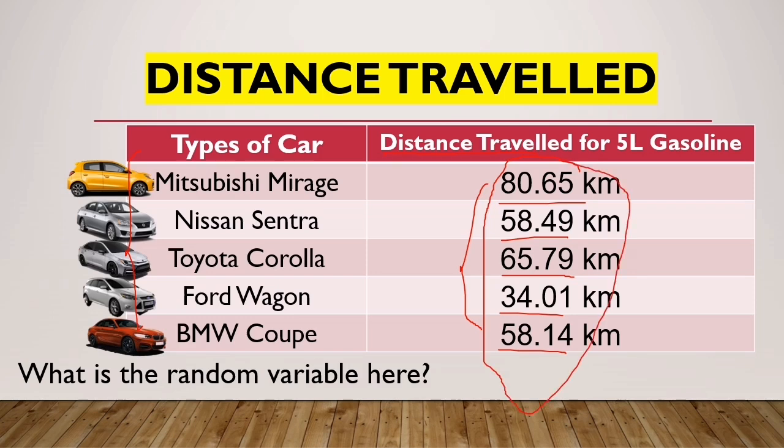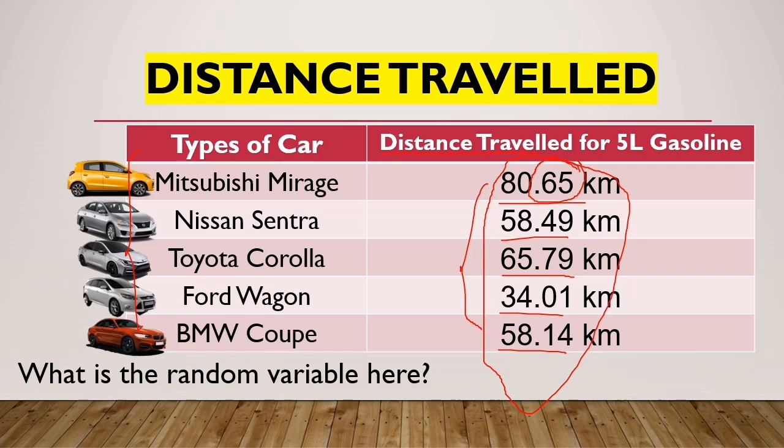So apart from a whole number, you can notice that there is a part of a whole number which is expressed in decimal form. What else? So the values are not countable, or these values are uncountable.